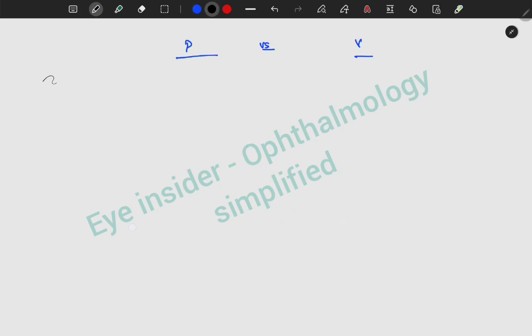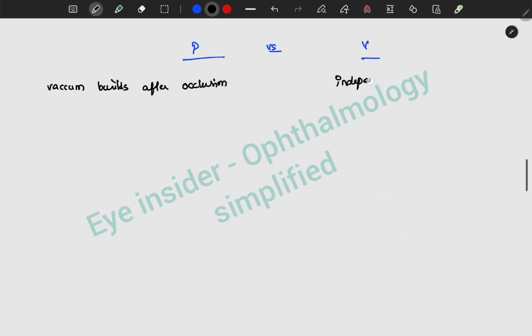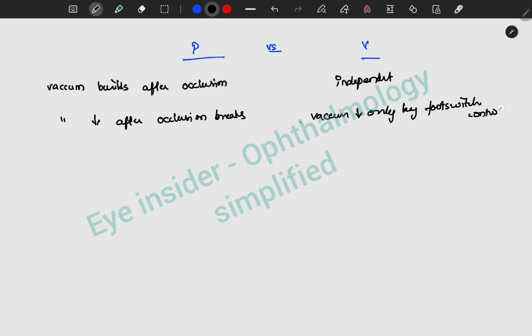Now coming to the differences between peristaltic and venturi pumps. The vacuum builds after occlusion in peristaltic, whereas vacuum is independent of occlusion in venturi. Vacuum reduces after the occlusion breaks, whereas in venturi vacuum reduces only with the help of the foot switch.